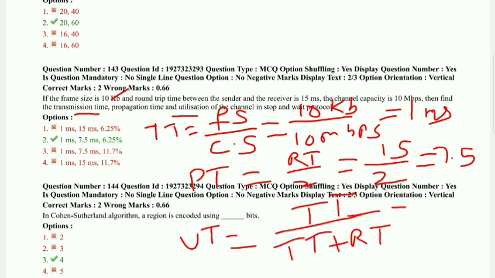So transmission time is 1 millisecond, plus round trip time of 15 milliseconds. So 1 by 16, which is 0.0625, that is 6.25%. So here option 2 is the correct answer.